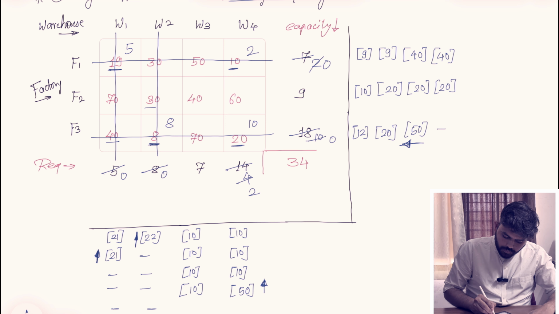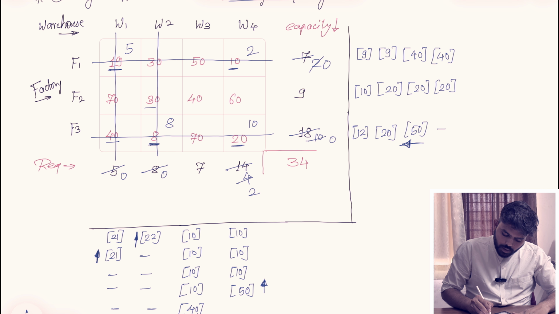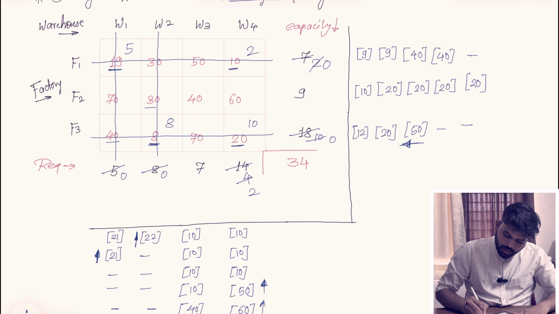Next, in the third column we have only one cell value, so the penalty will be directly equal to 40. In the fourth column it will be 60, and in the second row it will be 60 minus 40, that is 20. So the highest penalty again is in column number 4. So here we will do the allocation.